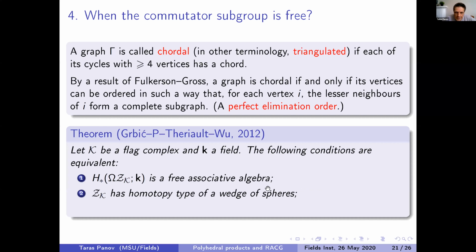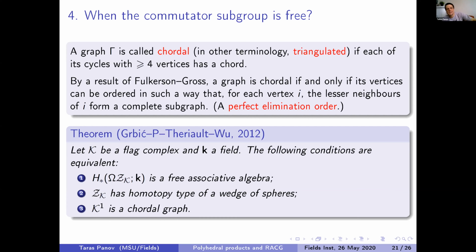That basically is an equivalence that features in homotopy theory and in its own right. And the last one is that the one skeleton of your flag complex is a chordal graph. So you can completely classify the case when ZK is a homotopy type of a wedge of spheres in the flag case, and that gives you a criterion for when the commutator subgroup is free.